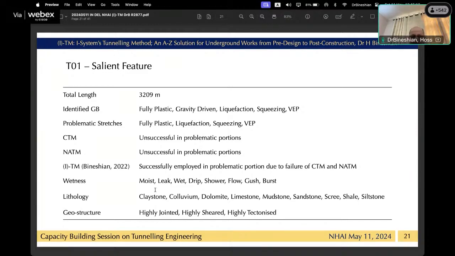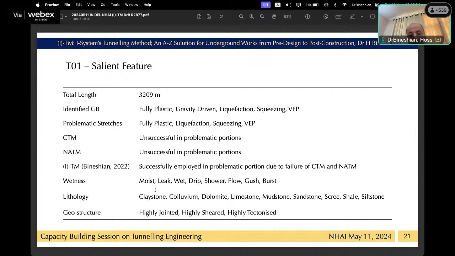The wetness in tunnel T1 ranges from moist, leak, wet, drip, shower, flow, gush, and burst. In the video, you saw how the face burst during excavation when they were employing NATM. None of those incidents happened when they started to use ITM.